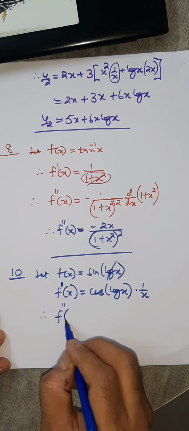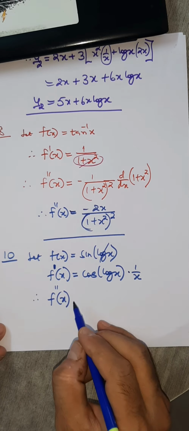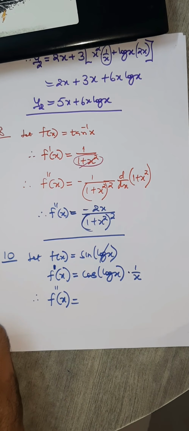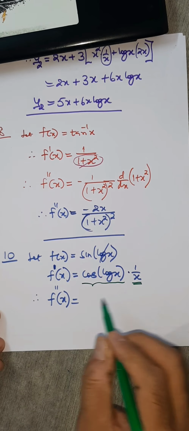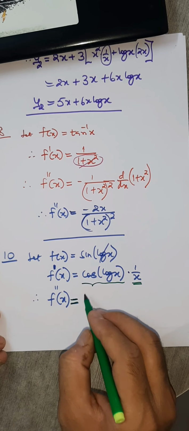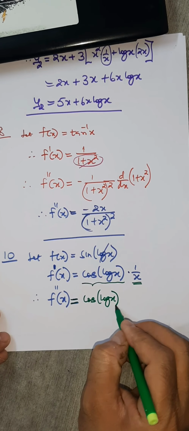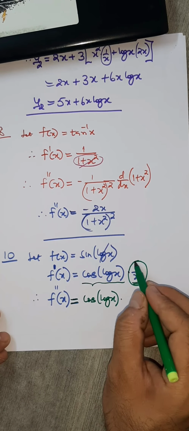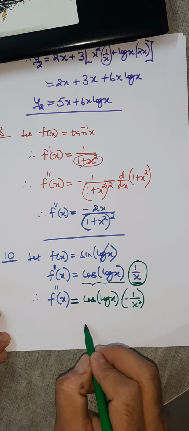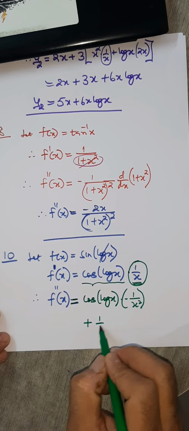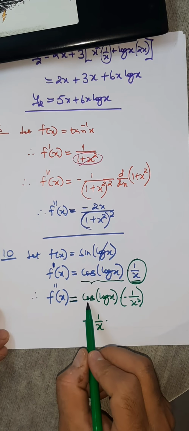Now therefore f double dash x. So how will we do this? Product rule again. This is like one function here. This is the other function. Product rule, remember. So I'll keep this one as it is, cos of log x as it is, into derivative of 1 by x, you know, minus 1 upon x squared, plus now 1 upon x as it is, into differentiation of this.